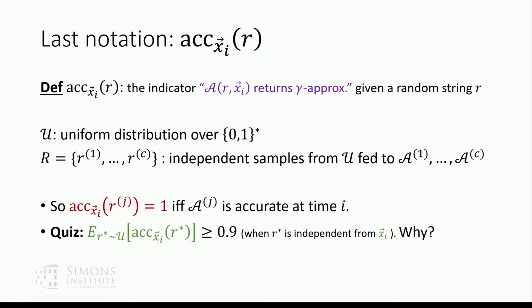Now let me ask you this. I claim that the accuracy of x_i for R star, when you sample R star uniformly and independently of everything, must be at least 0.9. So why is that? When R star is just a random string independent from the input sequence, this accuracy must be high.